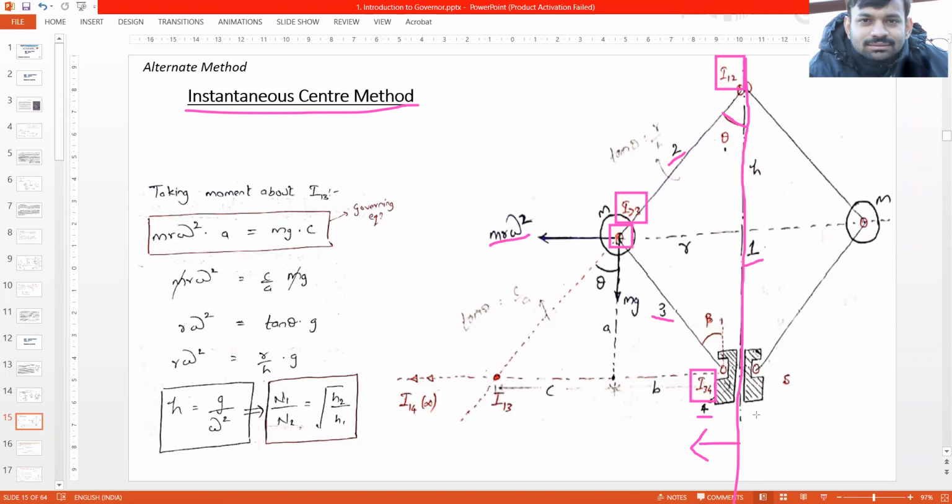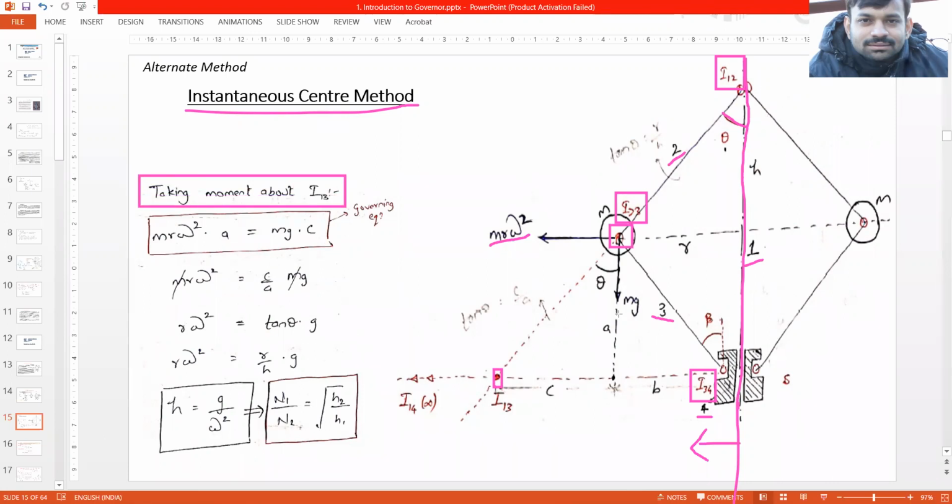Why? Because this slider is moving along this axis, so it will be over here, and I13 will get over here. So now we'll take the moment about I13.